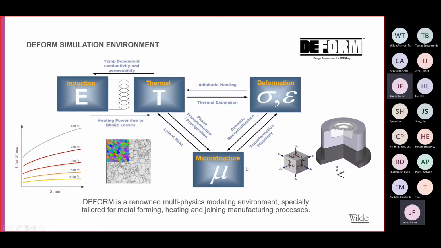And taking the simulation further into multi-physics, we can start looking at things like phase transformation, recrystallization, and grain growth. So all of this can be run in a fully coupled simulation. And we're really interested in the flow stress of the material, how the material is going to respond to things like temperature change and the rate of deformation. That's the core functionality of the DEFORM system.